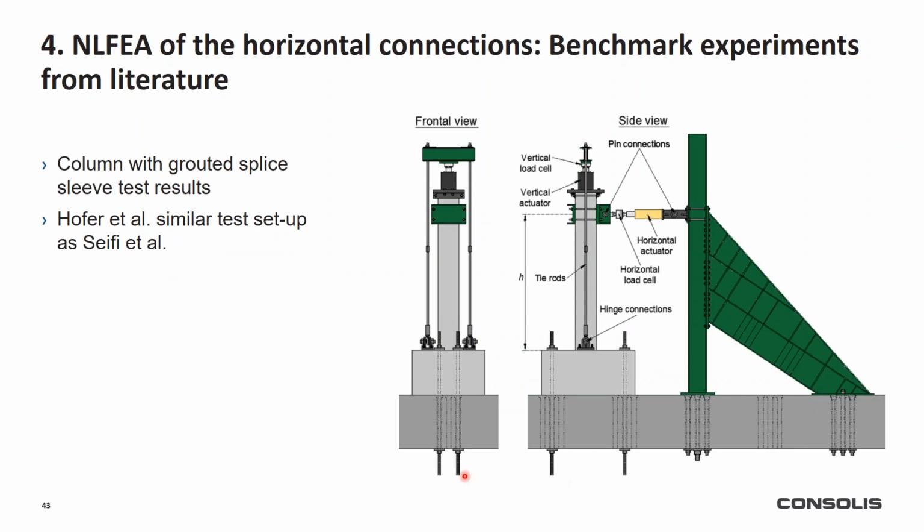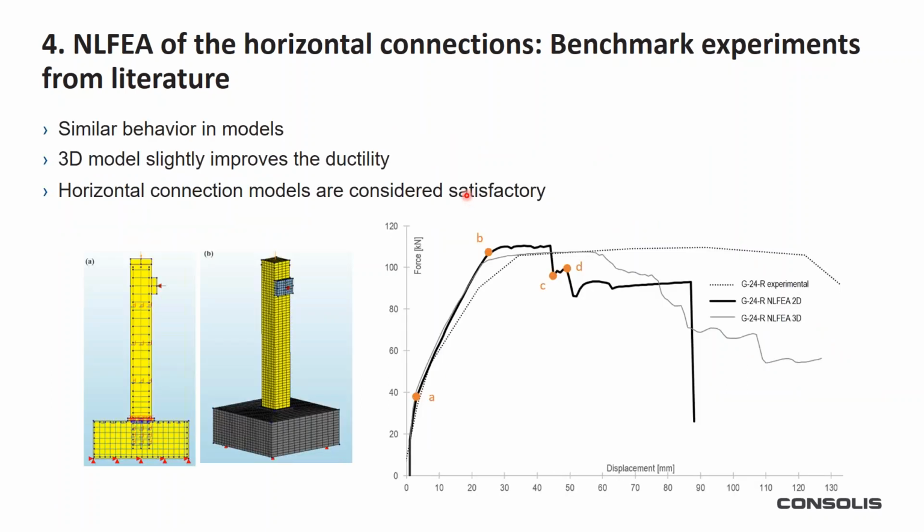Then I moved on to modeling a second benchmark experimental study. We can see here a column that is using again a horizontal connection with grouted splice sleeve, and we can observe the same experimental numerical comparison, the same behavior.